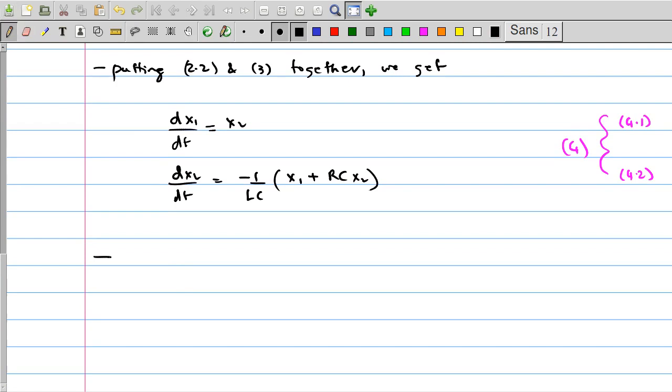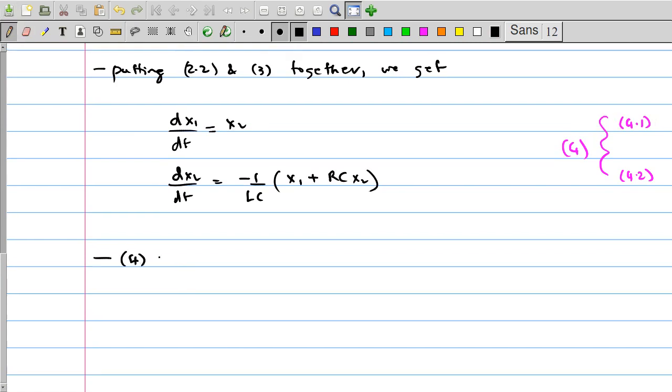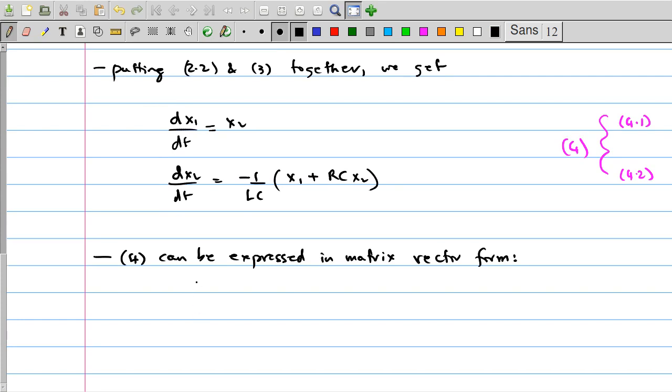So fine, 4 can be expressed in matrix vector form. First we have to make a couple of definitions.